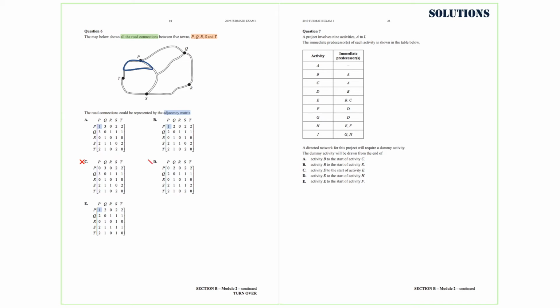This will cross out options C and D. Between Q and P, there are 3 different road connections. The only answer that has 3 in row 1 and column 2 is option A. From the 2019 VCE examination report, only 39% of the students chose the correct option.